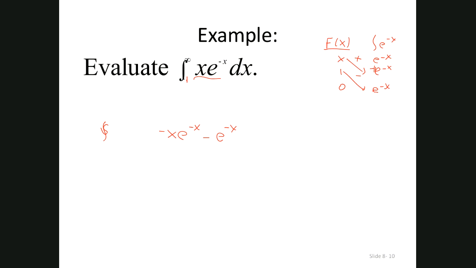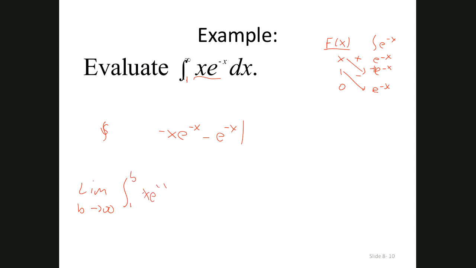Now, when I rewrite this thing, I'm going to go from 1 to infinity, but I'm really going to say the limit as b goes to infinity of the integral of 1 to b of x e to the negative x.